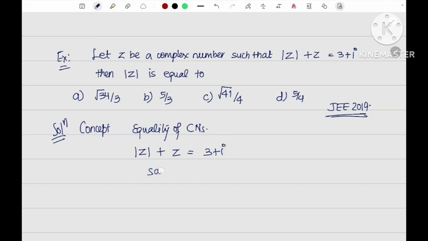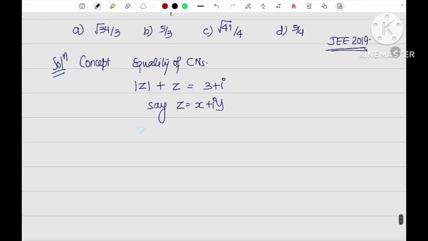Let us say z is equal to x + iy. Let me rewrite it first. |z| is equal to −z + 3 + i. I have taken z to the right hand side so that the left hand side is purely real, because |z| is a magnitude, and magnitude is a real number.